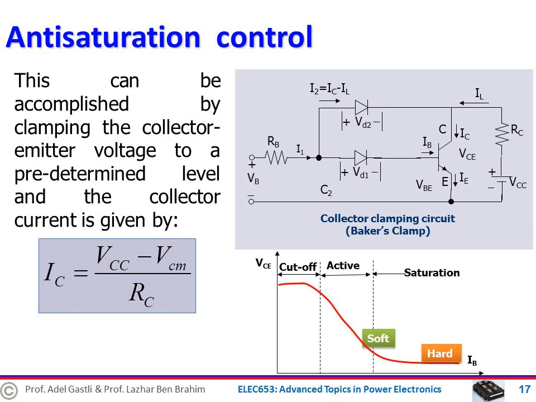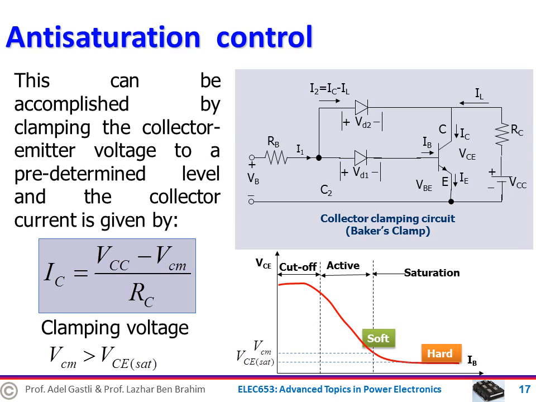In this case, the collector current is given by this equation, where VCC is the load source voltage, RC is the load resistance, and VCM is the collector clamping voltage. Note that the collector clamping voltage VCM must be larger than the saturated collector voltage so that the transistor can be driven soft.